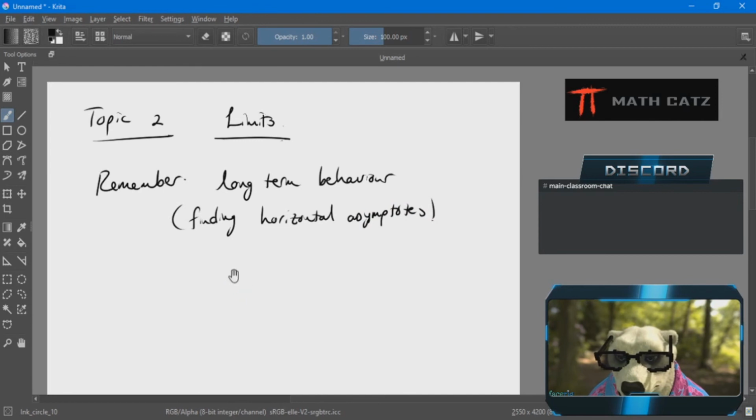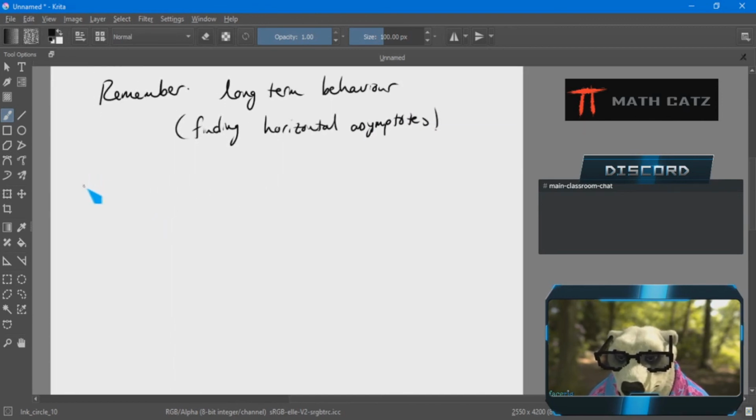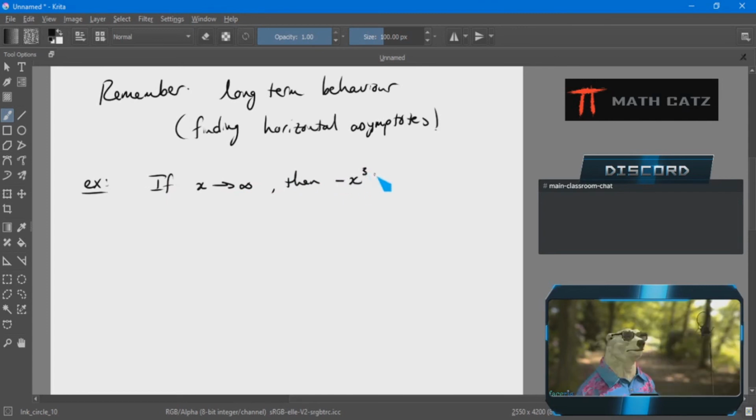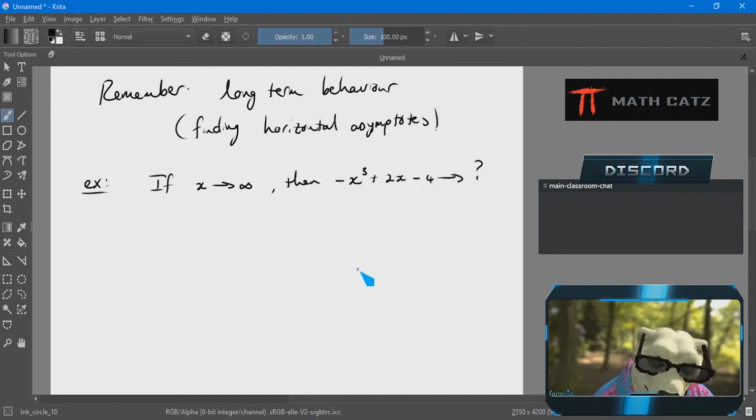Why not? Or let's do an example for each. It's a random polynomial. We said that if x, for example, approaches infinity, then I may want to find out what does negative x cubed plus 2x minus 4 do. That's a typical question that we ended with last time.